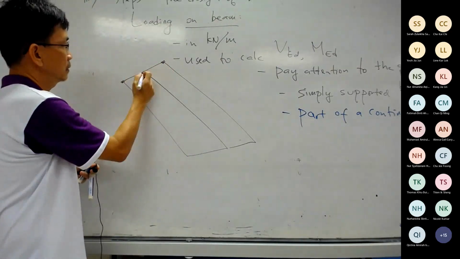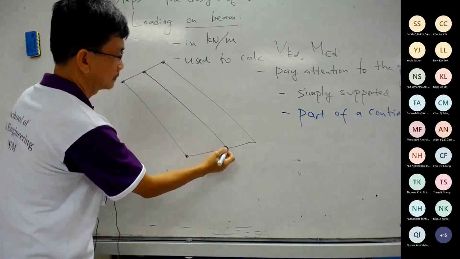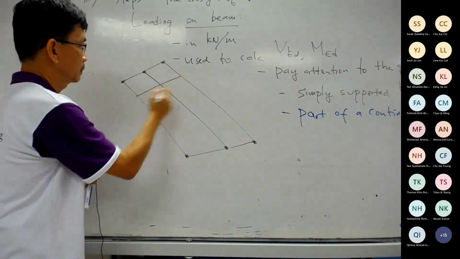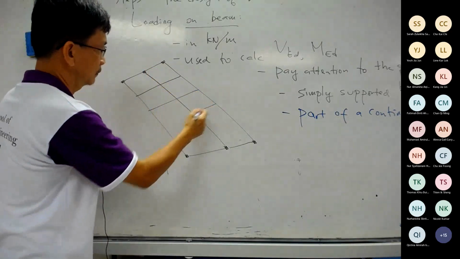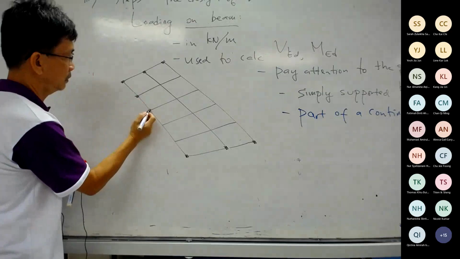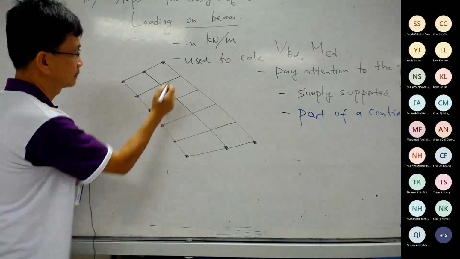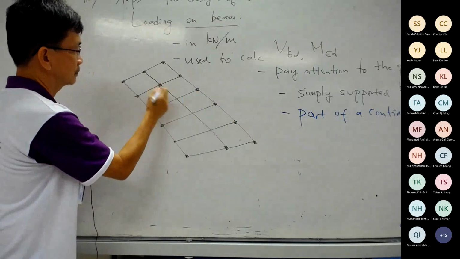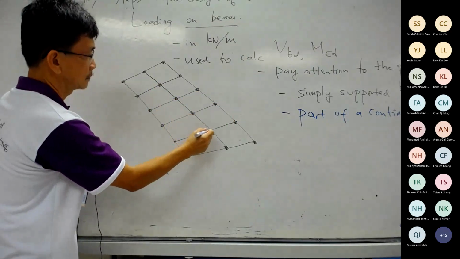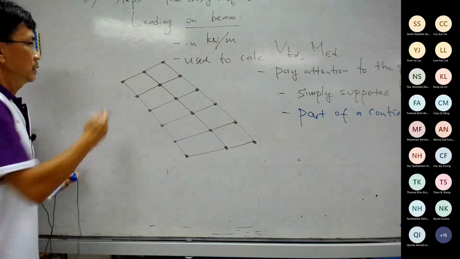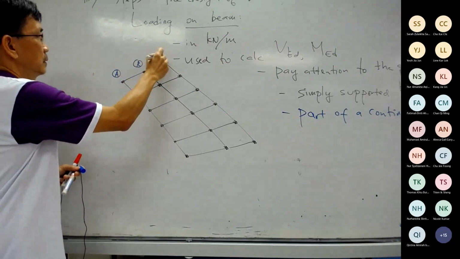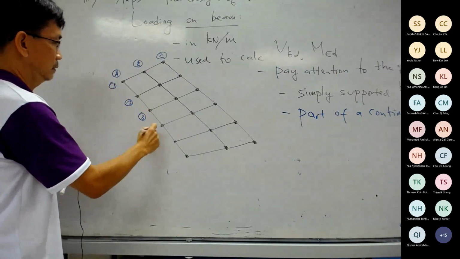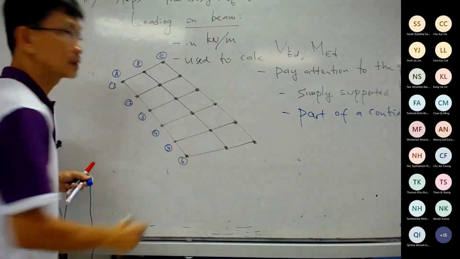You have a column here, this is a column, this is a column, beam 1, 2, 3, 4, 5, 6, and there are more columns here, and we give this the name A, the grid line A, B, C, and this one we have grid line 1, 2, 3, 4, 5, 6.